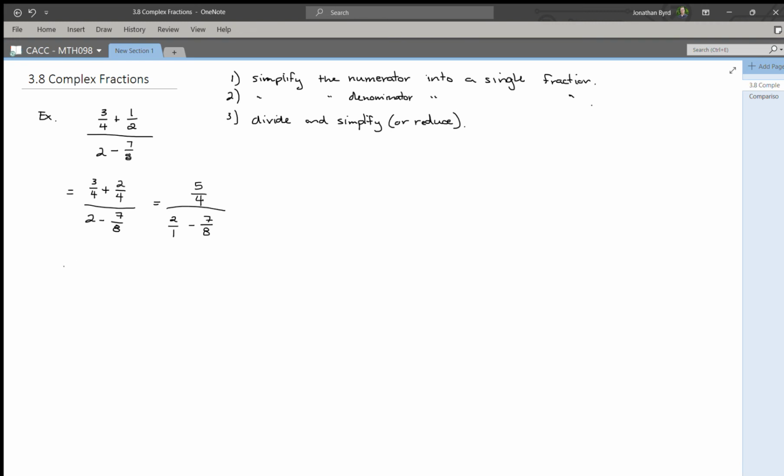And if I wanted to maybe go on the next line here and say, well, what is that as an equivalent fraction with 8 in the denominator? Well, if I want to get to 8 in the bottom and I have a 1, I got to multiply by 8. And if I multiply the bottom by 8 and I want to keep the same fraction, I got to multiply the top by 8. 2 times 8 is 16. So my fraction then becomes 16/8, and I'm still subtracting my 7/8.